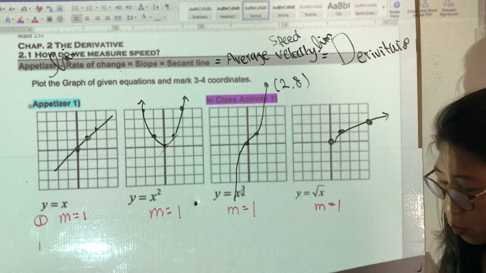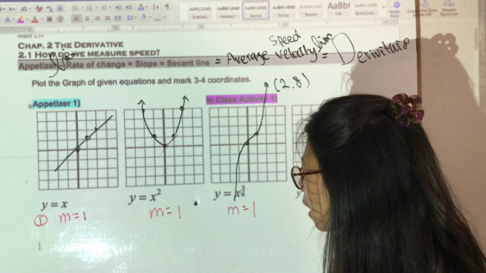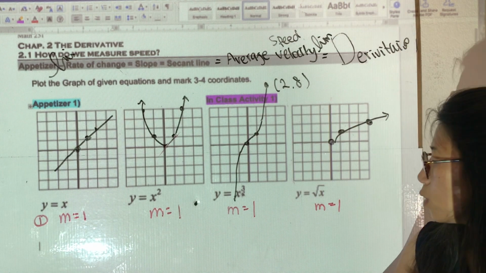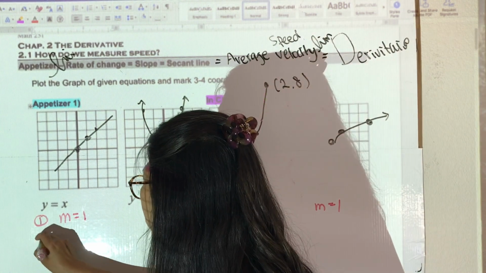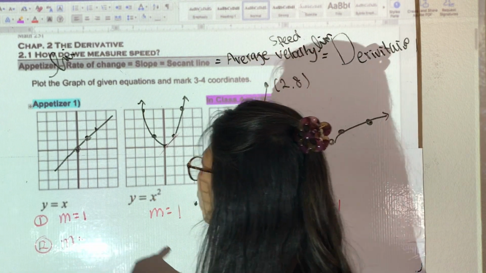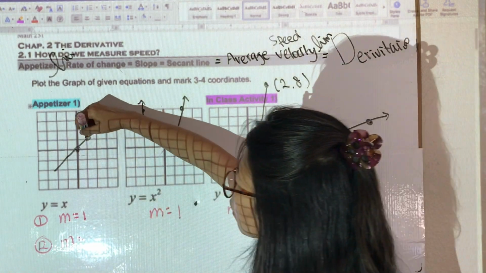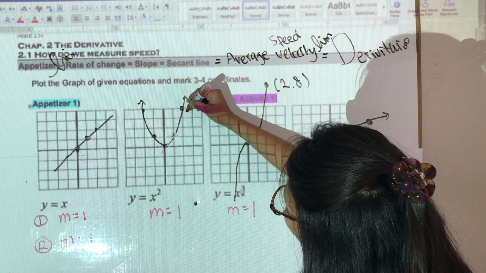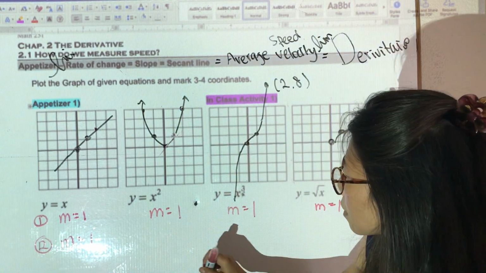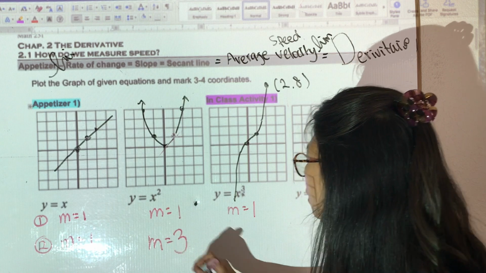Then number 2. How about what is the slope between 1 and 2? So, second question now, what is the slope between 1 and 2? So this time, 1 and 2 is still 1. But this time, 1 and 2, I see as a slope 3.